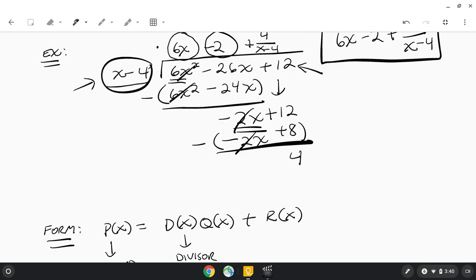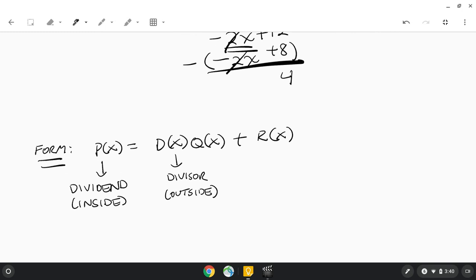That's your divisor. And the quotient is going to be your answer without the remainder, and this r is going to be your remainder. The quotient is the answer that you get on top, so it's your answer without the remainder.